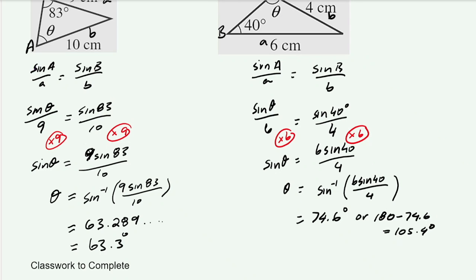Okay, and it's an obtuse angle. Therefore, theta can't equal 74.6 because that's acute. It has to equal 105.4 degrees.